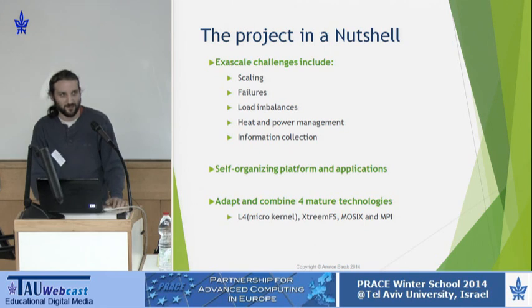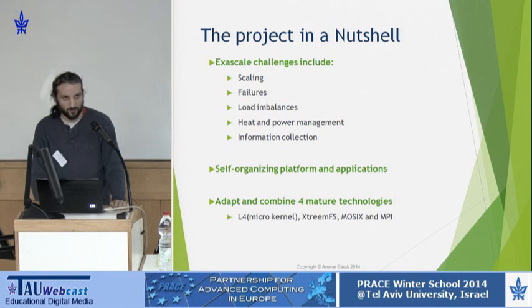L4 is a well-known microkernel. It's used on phones these days and on computers and on many other hardware. XtreemFS is an open source system that is fault tolerant, and it knows how to handle faults during the nodes and auto recovery.